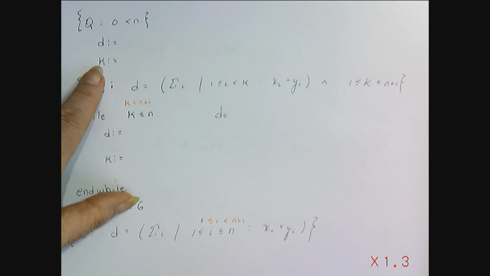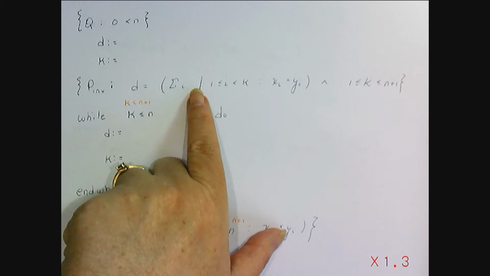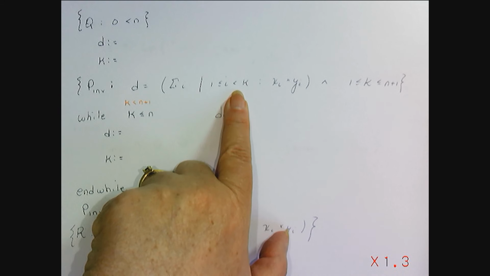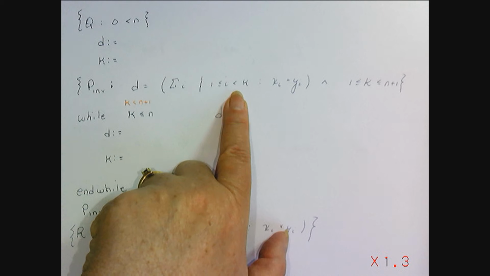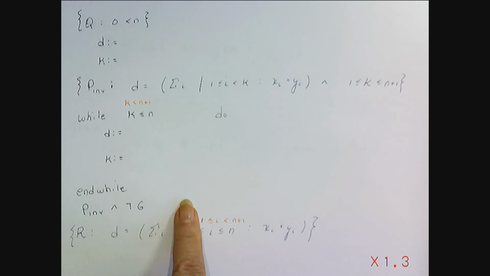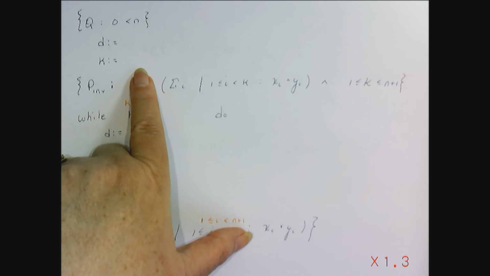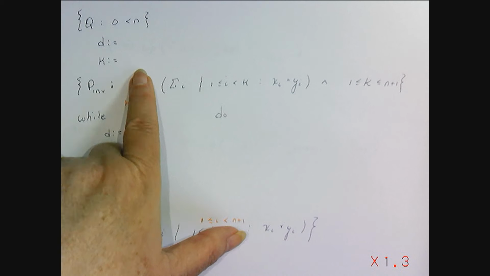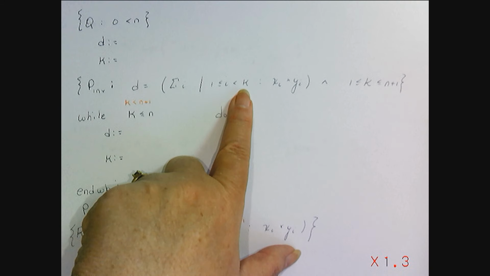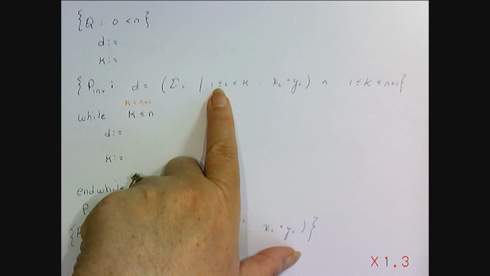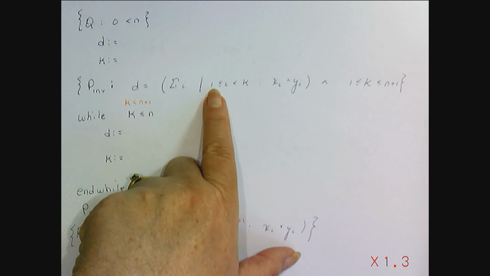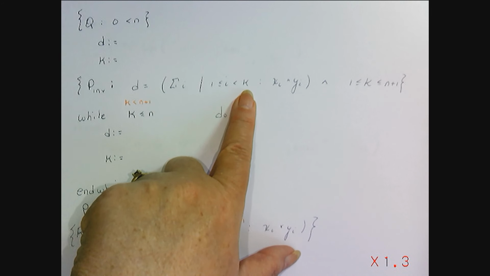Now, again, let's focus on the initializations. That is supposed to be before we've done any work. If I look at the invariant, it's supposed to hold before I start the while loop, so it must take into account the initializations. No work done means that i is going to be an empty range.